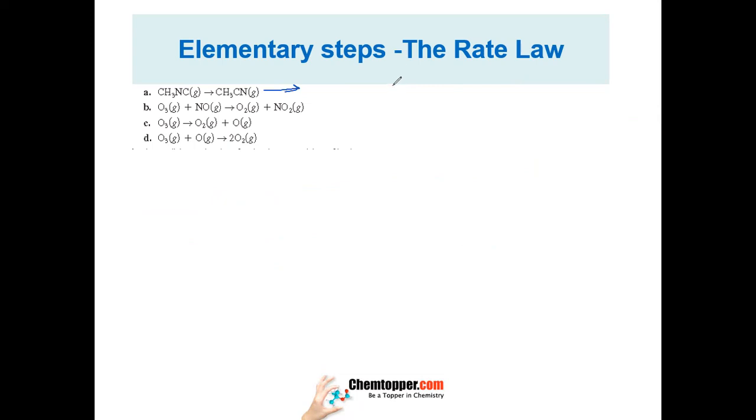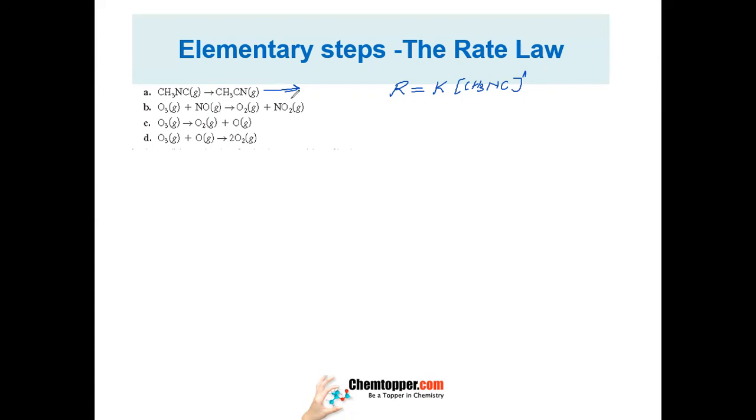Rate law. Rate equals K times, K is the rate constant, concentration of CH3 and C raised to power. What's the coefficient of this? 1. This method is valid only on elementary steps, not on the overall reaction, children.